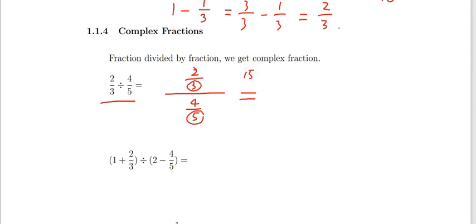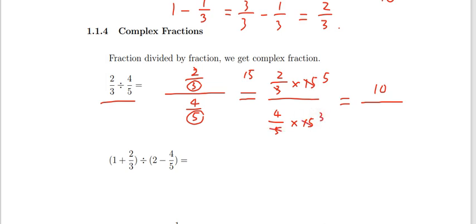We multiply the top by 15 and the bottom by 15, and then we can get rid of those 2 denominators. So this multiplied by 15 divided by 15 equals 5, so this equals 10, right? So 10 over 12, okay, so this equals 5 over 6.